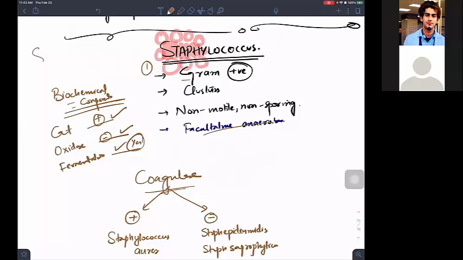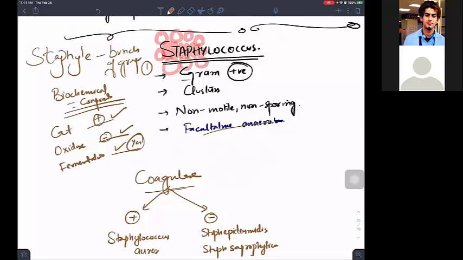There is a Greek word called staphyle. Staphyle means bunch of grapes. So that's why they have called it Staphylococcus.